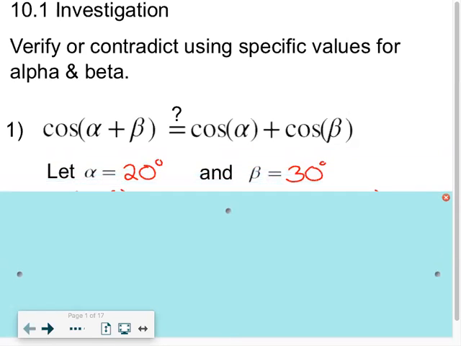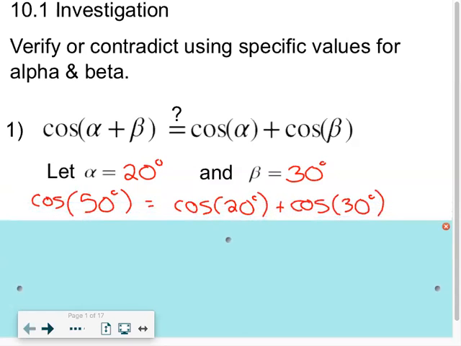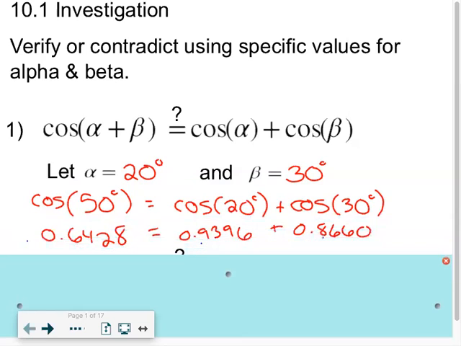Here I selected 20 degrees for alpha and 30 degrees for beta, and I'm going to plug them into the left side. So cosine of alpha plus beta is going to give me cosine of 50. I'm going to plug them into the right side, and I'm going to have cosine of 20 plus cosine of 30. This is just a calculator check, and when I evaluate these, I get 0.6428 on the left.